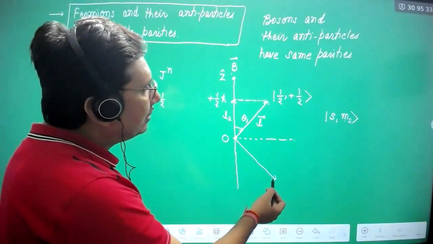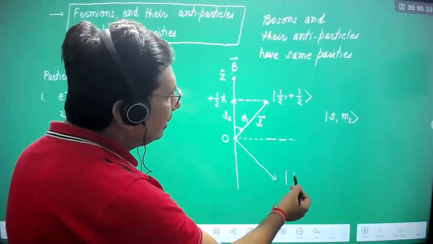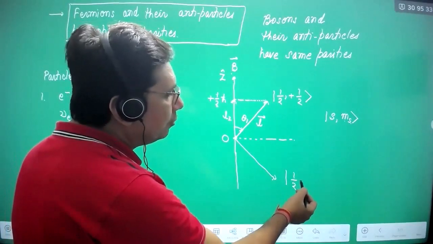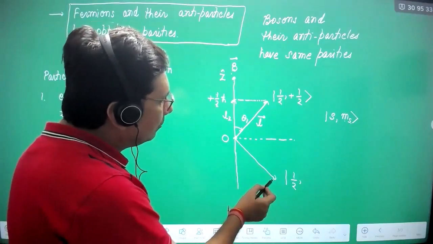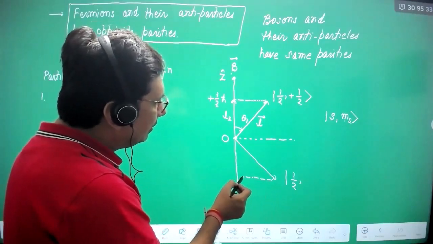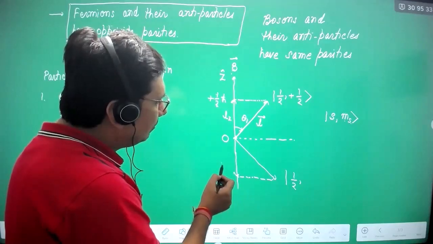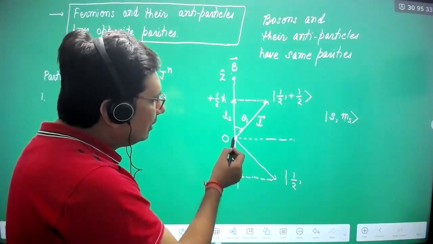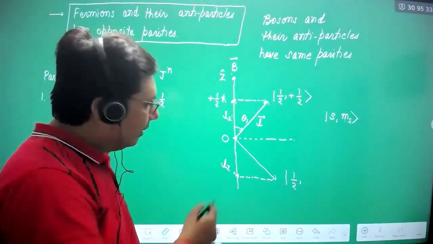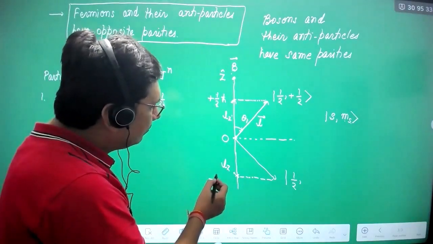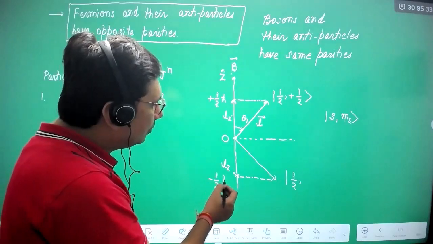But if you look here, spin is still half. Spin is not going to be minus half, but if you write its Z component, this will be the Lz. This Z component is anti-parallel to the applied field, and its value comes out to be minus 1 by 2 h cross.